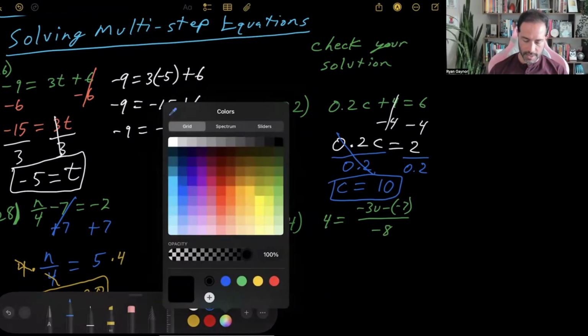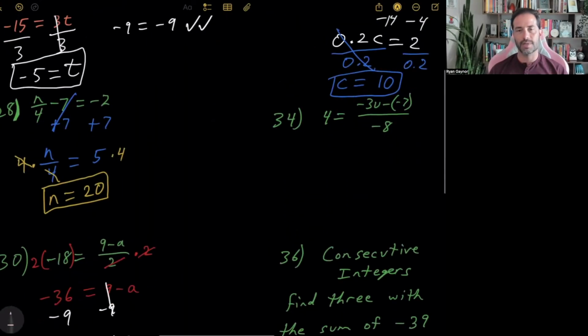All right, we're moving on. Let's grab a jazzy color here, maybe that. All right, so we got 34.4 equals negative 3u minus negative 7, all of that divided by negative 8.